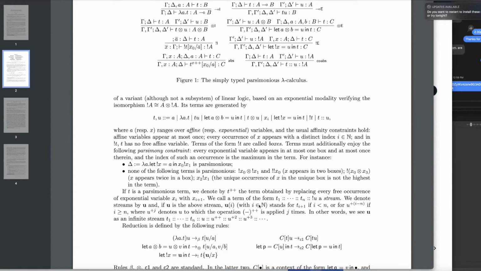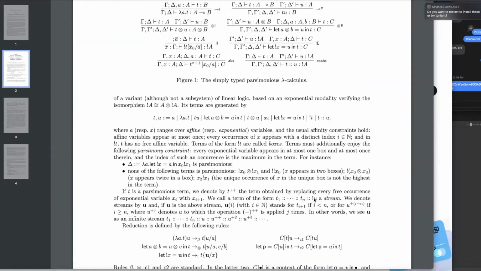So when we apply the plus plus operation, we're making a copy of u where we get the next x, and then the next x, and then the next x. So this is allowing us to make copies of u with fresh versions of the variable.